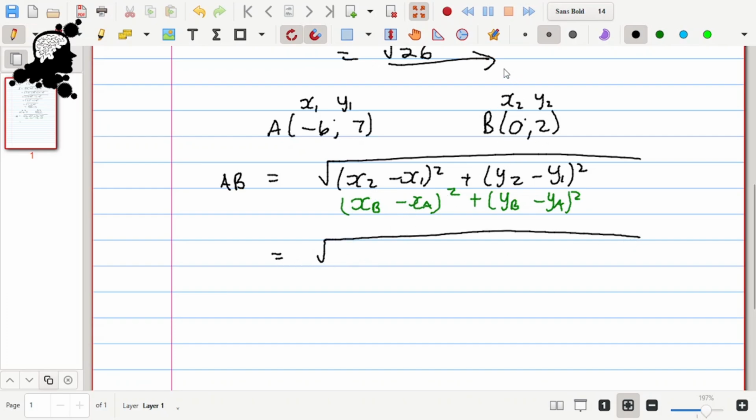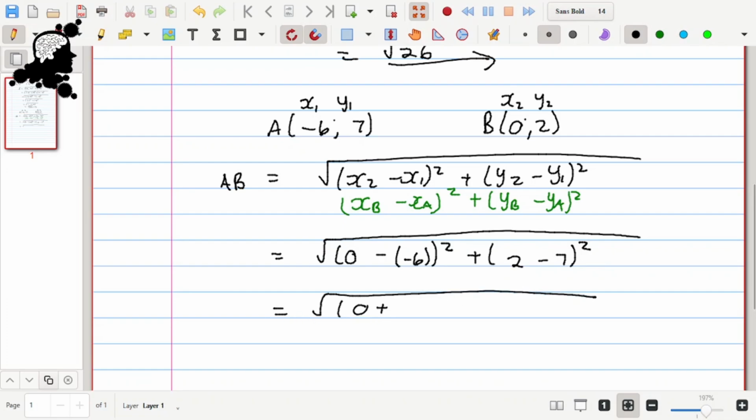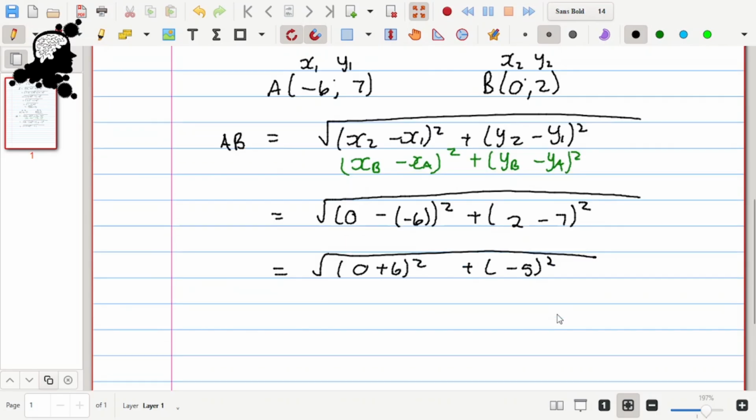So, x2, this is 0, minus x1, which is minus 6, all squared. Don't forget the closing bracket, plus. Then for y2, this is 2 minus y1, which is 7, all squared. This is going to give us the square root of 0 plus 6 all squared plus 2 minus 7, that's negative 5 all squared.